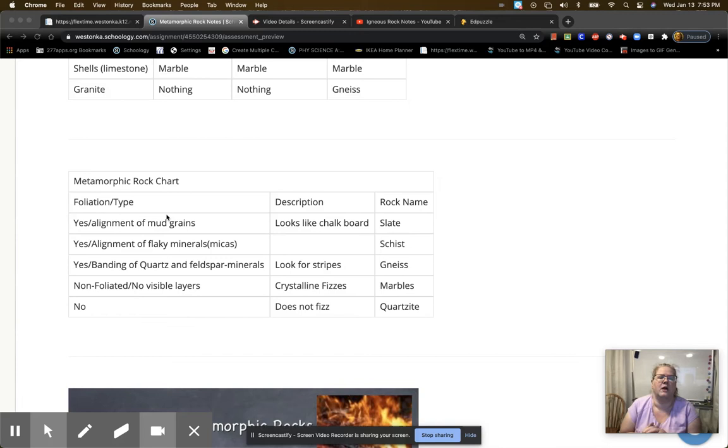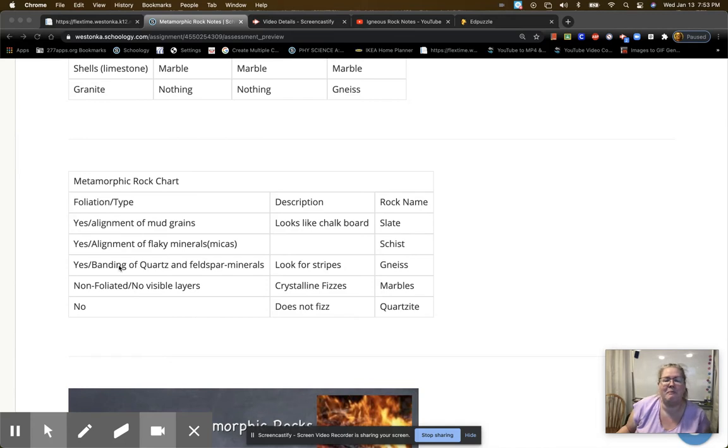All right, so foliated, this is kind of that one to figure out what's what, like we do with the igneous rock. So how to identify? Here's the description, and first of all, it tells me if it's foliated or non-foliated. Always the first thing. If I see alignment of mud grains, it looks like chalk, I'd say that's slate. But if it's flaky material, that would be micas, like it looks like little pieces of glass, but kind of yellow, orangey yellow, that would be a schist.